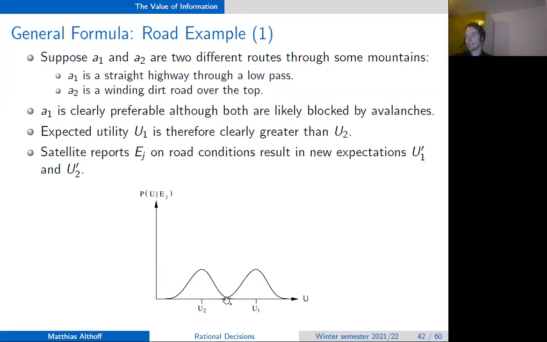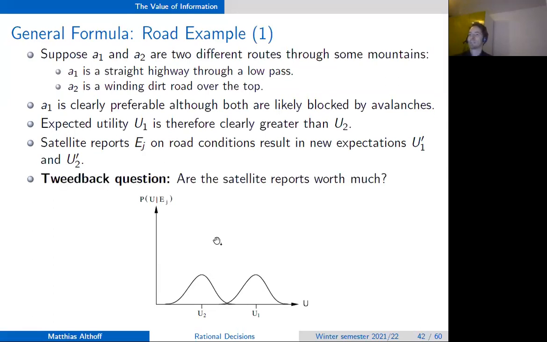So you see that in many cases, not in all, so there's some overlap, the utility of the first choice is better than the utility of the second choice. But the question is, if I get additional information, would that for this problem setting be useful or not? So that's the tweetback question. So yes would be it's worth a lot, the additional information, and no would be it's not worth a lot.